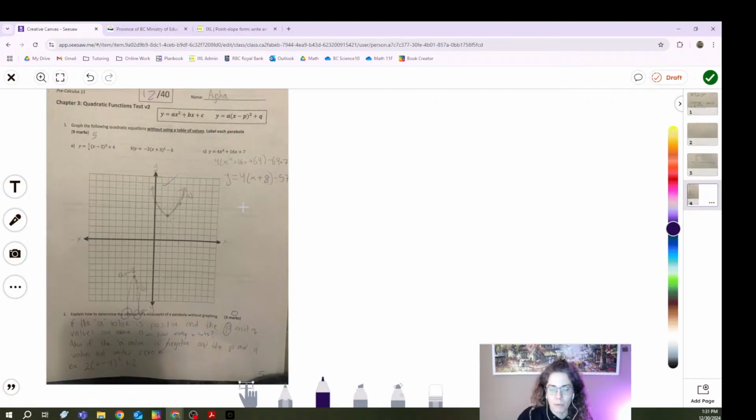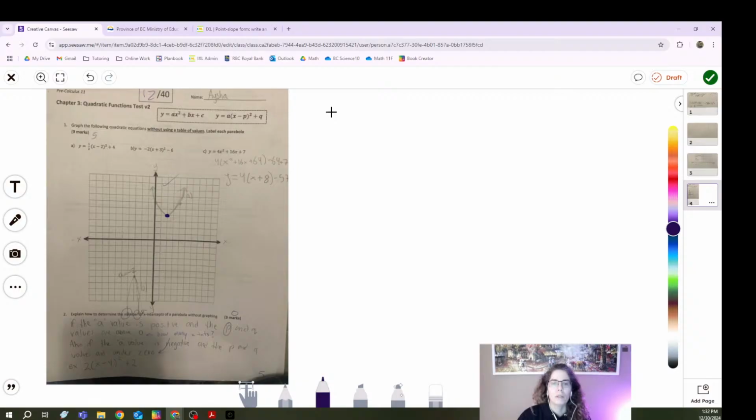So from here we can identify the vertex, which you got at 2, 4. And then from there, what did you do? Oh, that's the one it looks like you got right. Oh, okay.